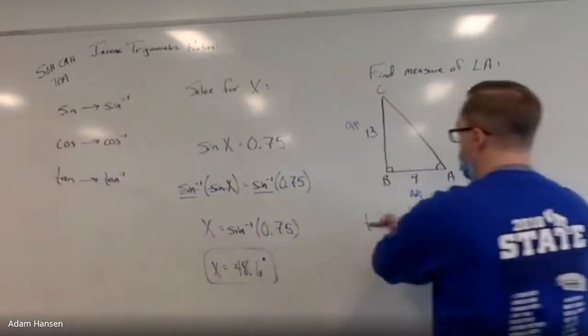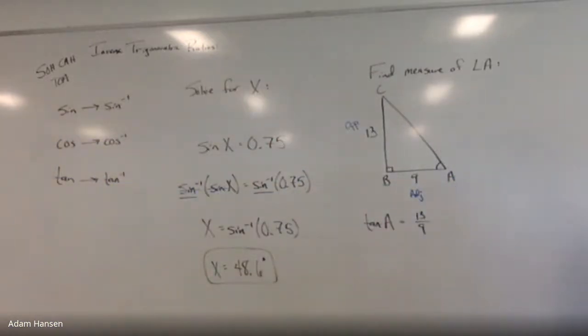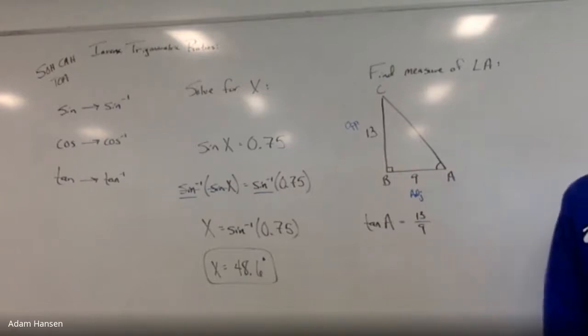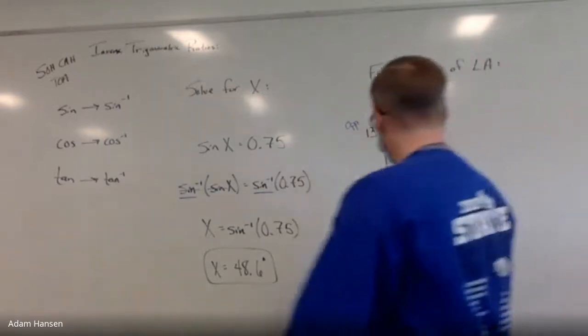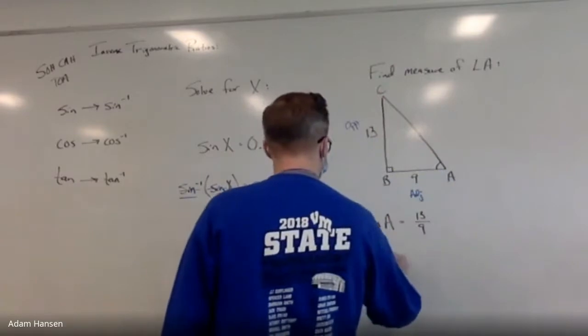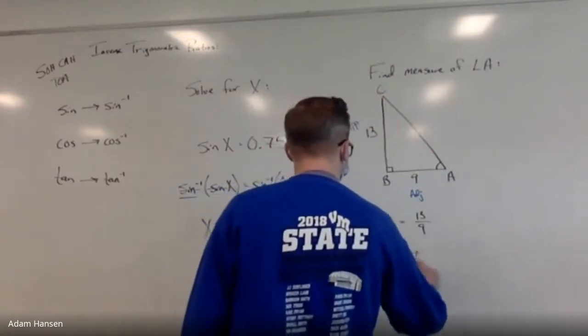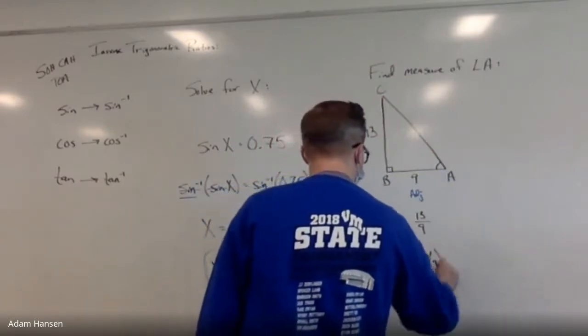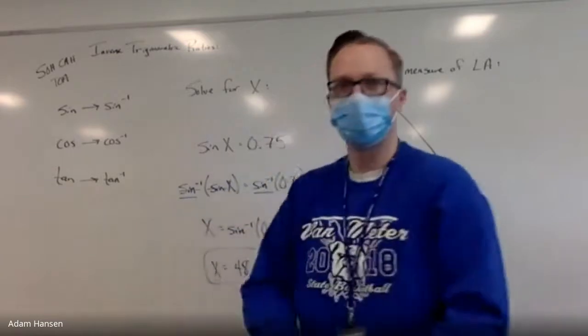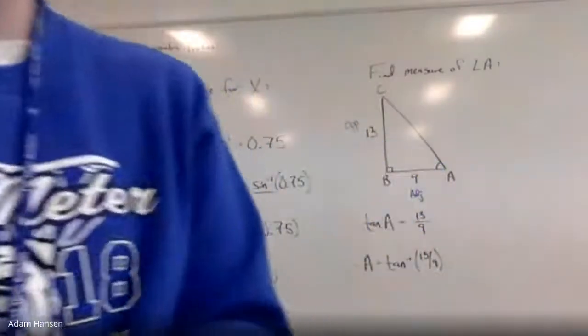I need to cancel out tangent. What is the opposite of tangent? The inverse. On your calculator, A equals tangent inverse of 13 over 9. Tangent inverse of 13 over 9 is about 55.3 degrees.